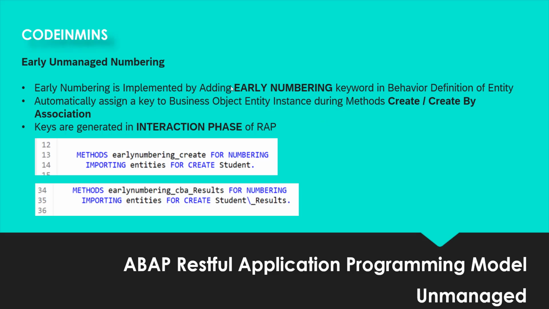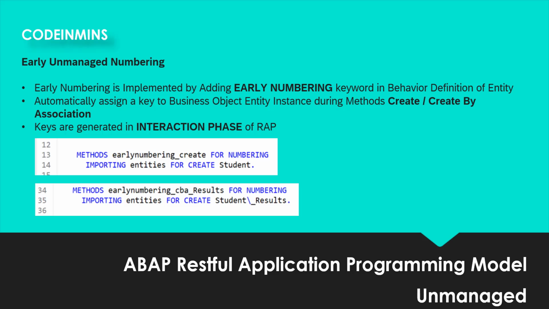Now, when we add the early numbering keyword in the behavior definition of the entity and activate it, generating the implementation class, these are the two methods which get generated. This first method is early numbering underscore create, which will surely get generated and works for our main entity, which is student.